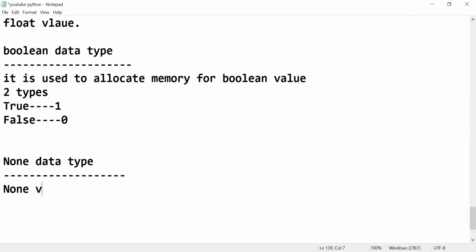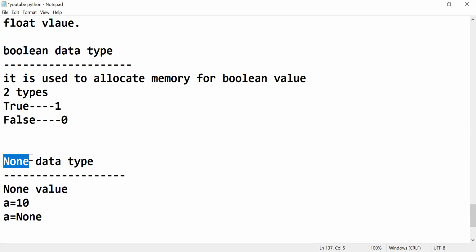Suppose if you take a equal to 10, but if you want to keep a idle, you can mention a equal to none. It doesn't hold any value. That value we are representing as none value.